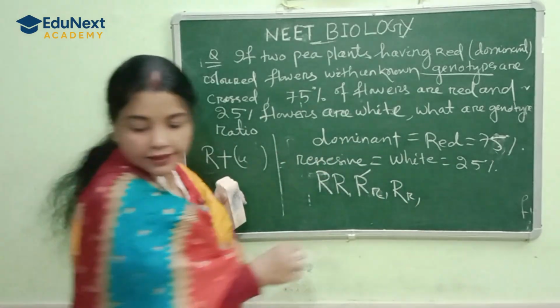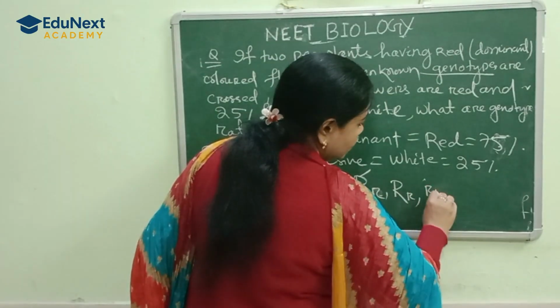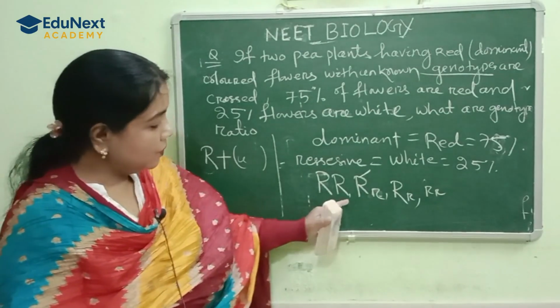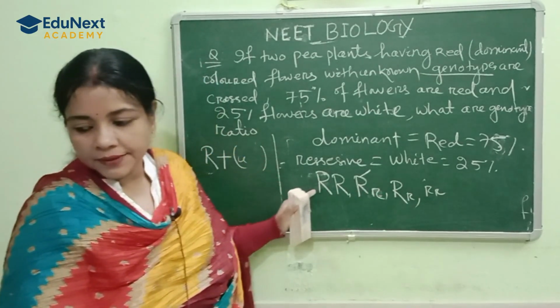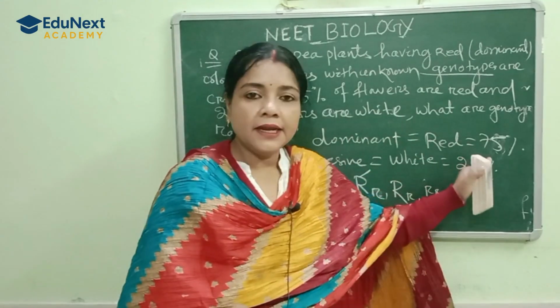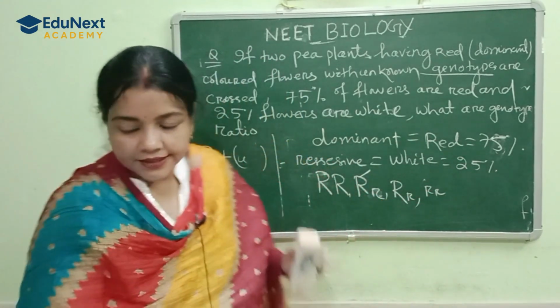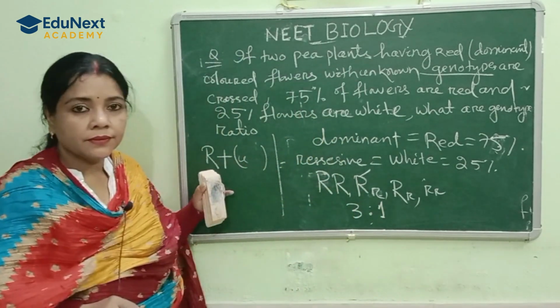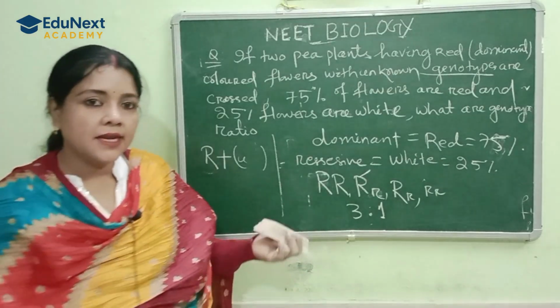Okay, and another is white or small red. So this dominant expression is having 75%, right? So now this ratio will come as a 3:1 ratio.